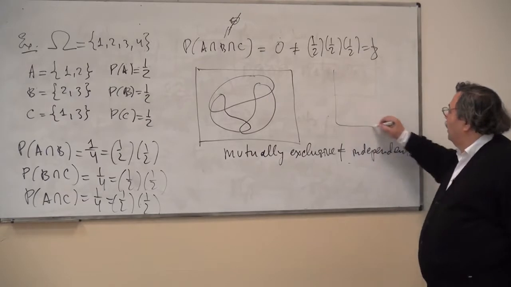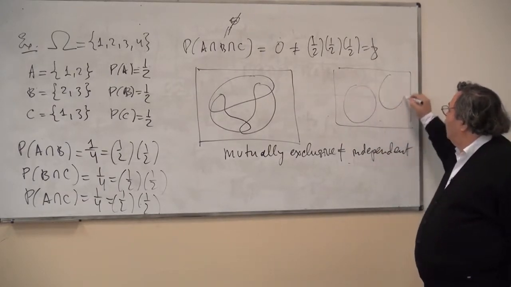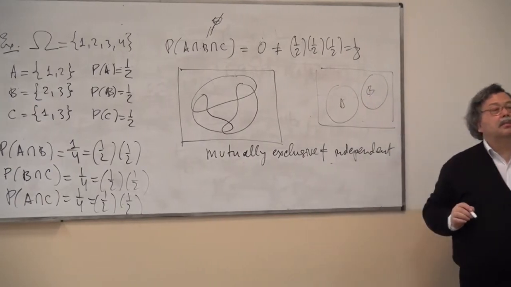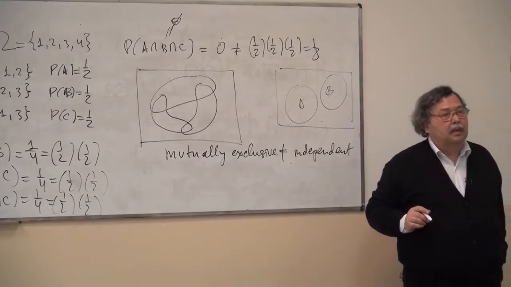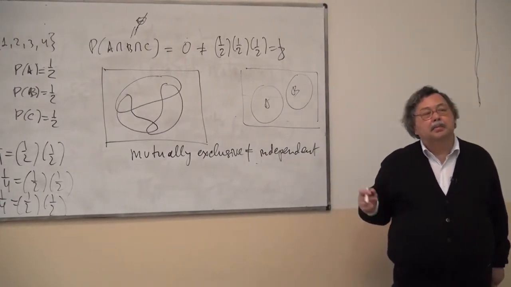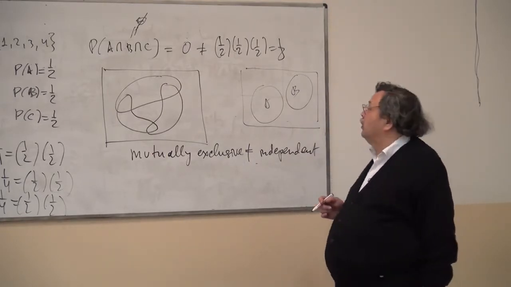Again, let's illustrate it by a Venn diagram. These are two mutually exclusive events. They have no points in common. Question, are they independent or not? No. The answer is no. They are not independent.